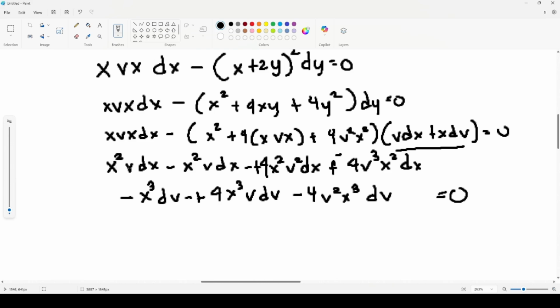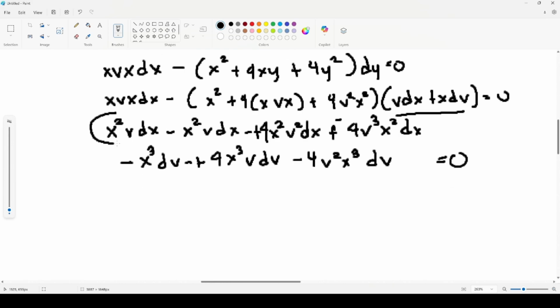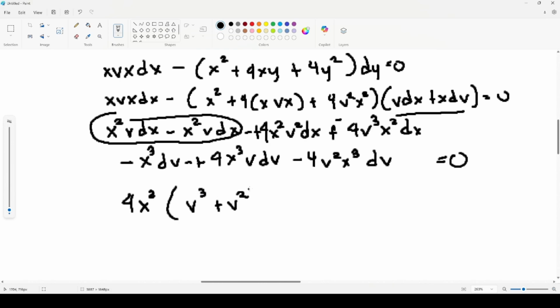Let's simplify further our separable equation. This becomes 0, positive 1 and negative 1. Then for the dx terms, x squared times 4 (v cubed plus v squared) dx, negative, because that's negative 4 on both sides.